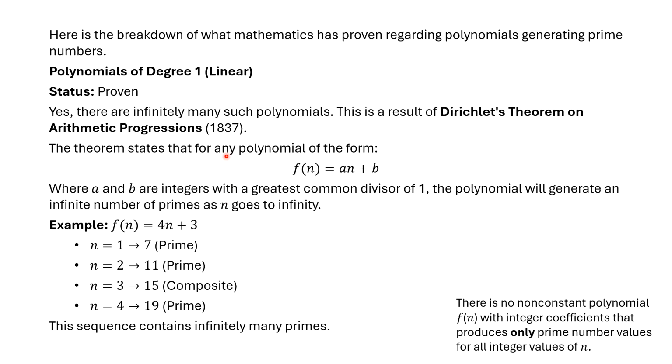And so what was proven is that the sequence contains infinitely many primes, but not every prime. You can see here we missed 3 and 5 and 13 and 17. So it's missing some primes, but the proof of Dirichlet's theorem is that it'll generate an infinite number of primes within the set of primes.